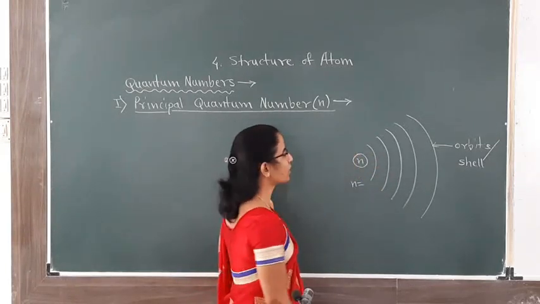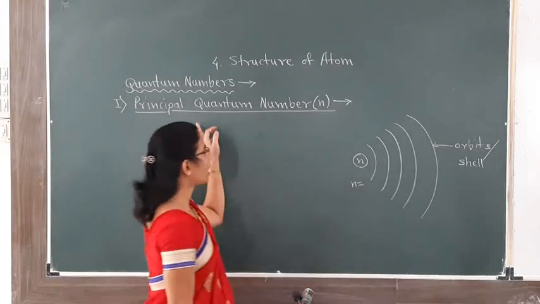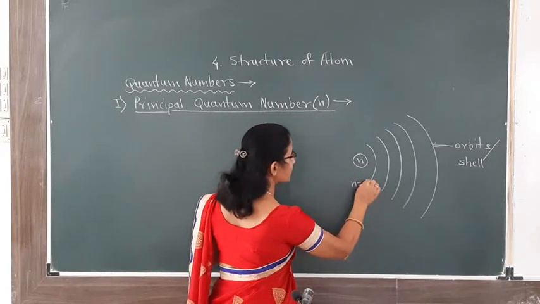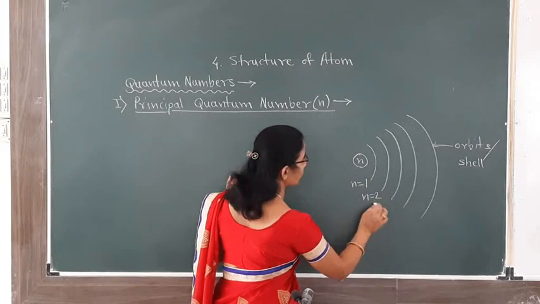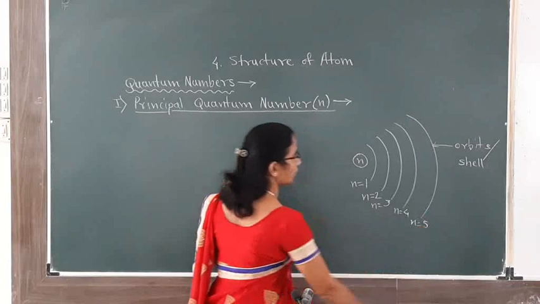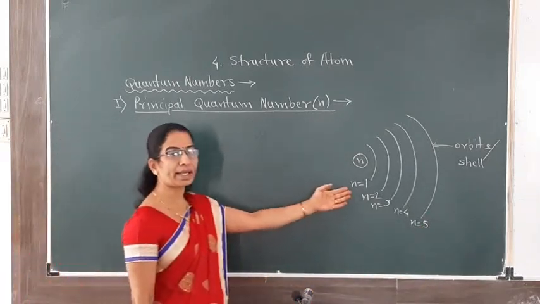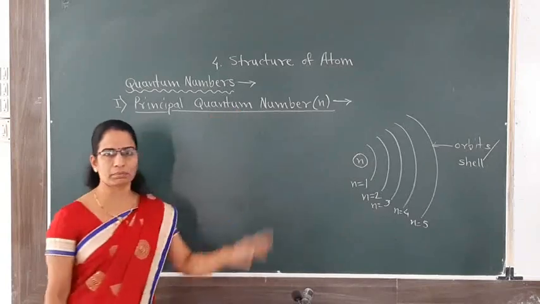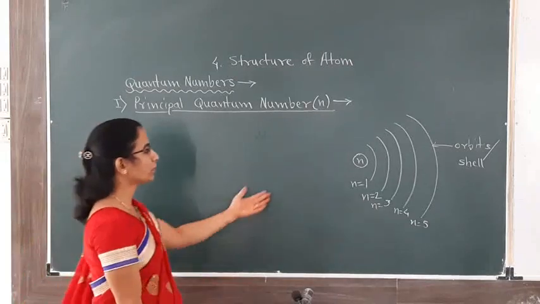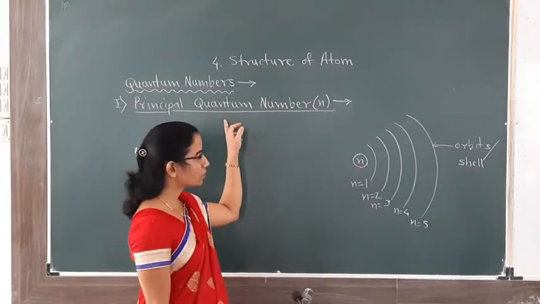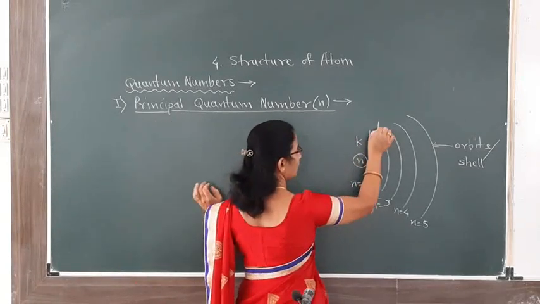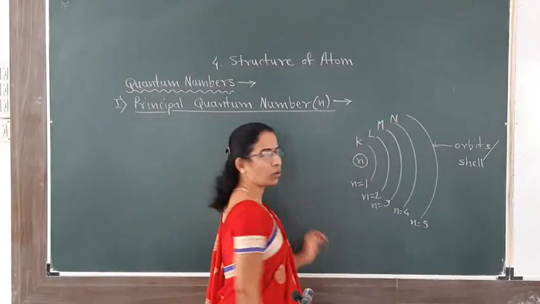With the help of this quantum number, we know exactly in which shell the electron is revolving, and we know that the shells are numbered as n is equal to 1, 2, 3, 4, 5 and so on. Okay. So all these are integral values. The principal quantum number always possesses integral values. Now depending upon these values, the shells are named as K shell, L shell, M, N and so on.